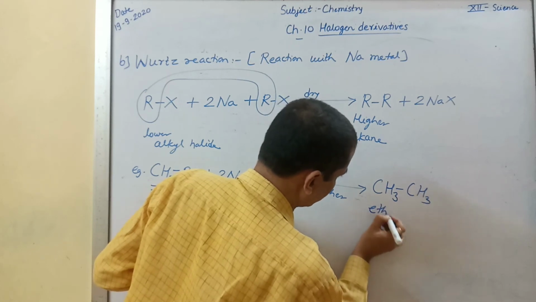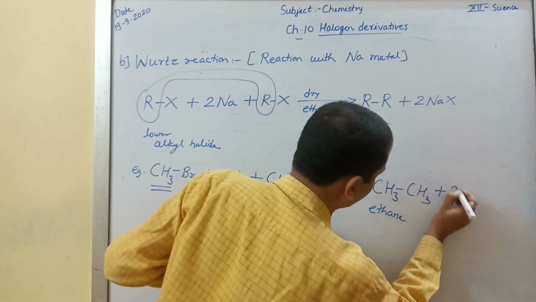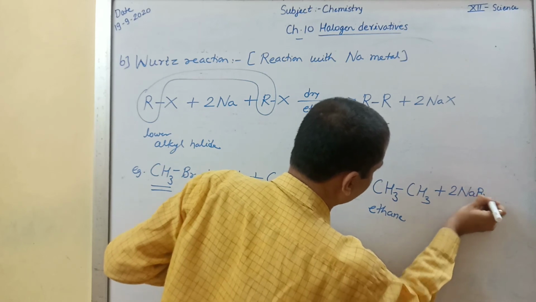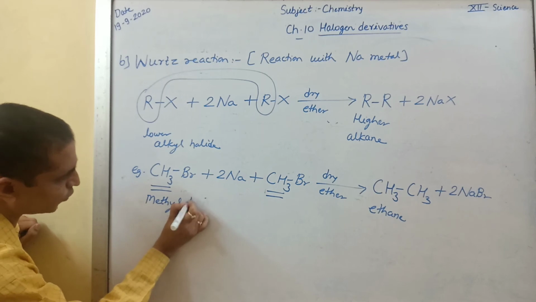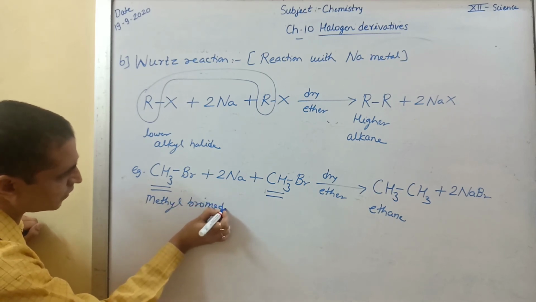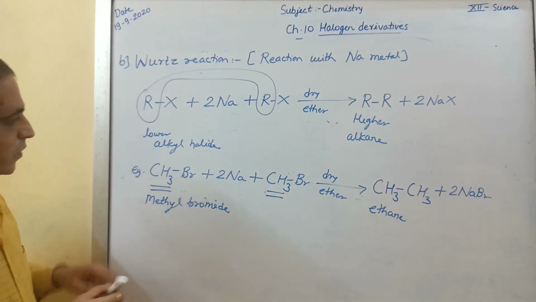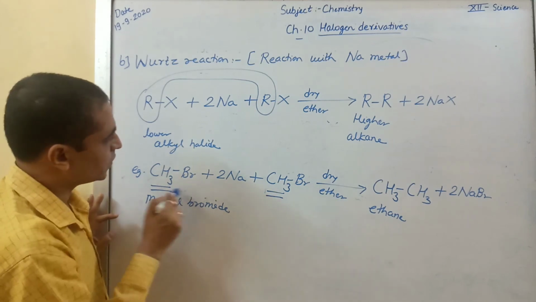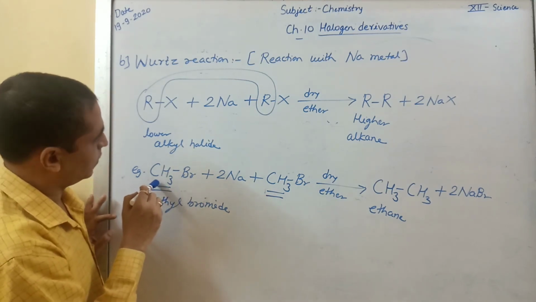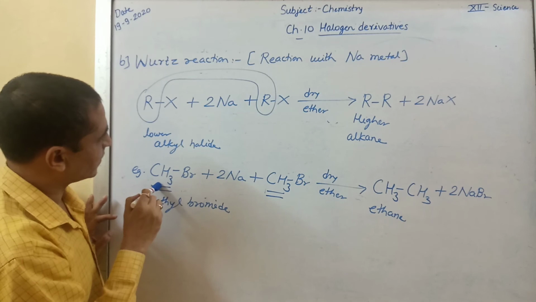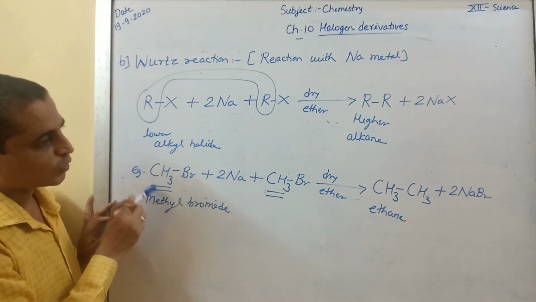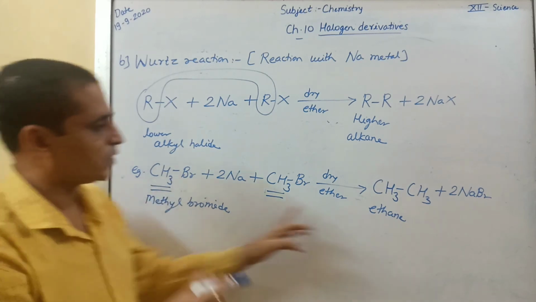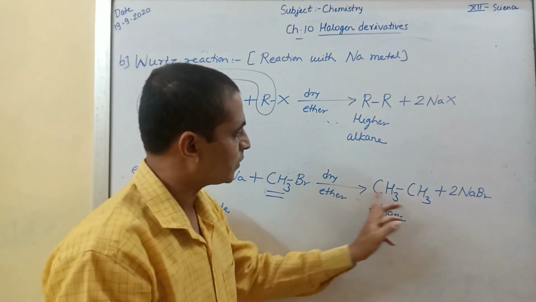It is ethane, plus 2NaBr. Methyl bromide is the lower alkyl halide and ethane is the higher alkane. Higher alkane means it contains twice the number of carbon atoms as present in the lower alkyl halide. See here, in methyl bromide only one carbon atom is present, but in higher alkane two carbon atoms are present.